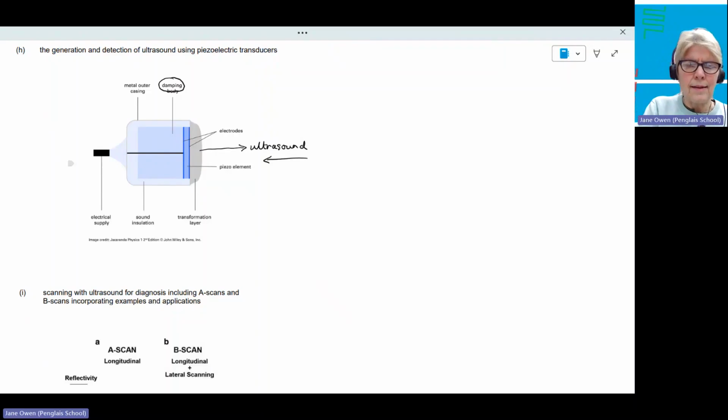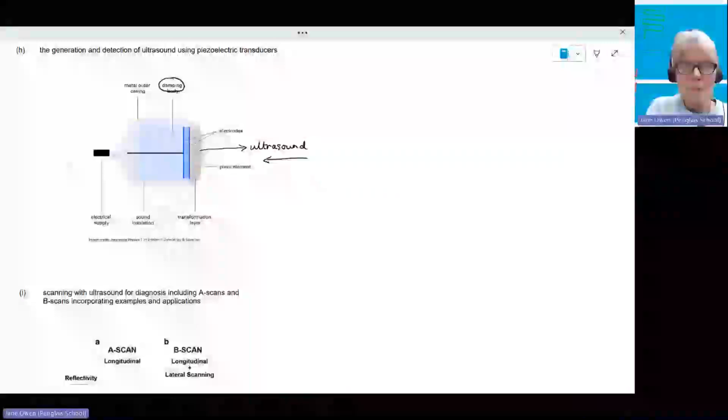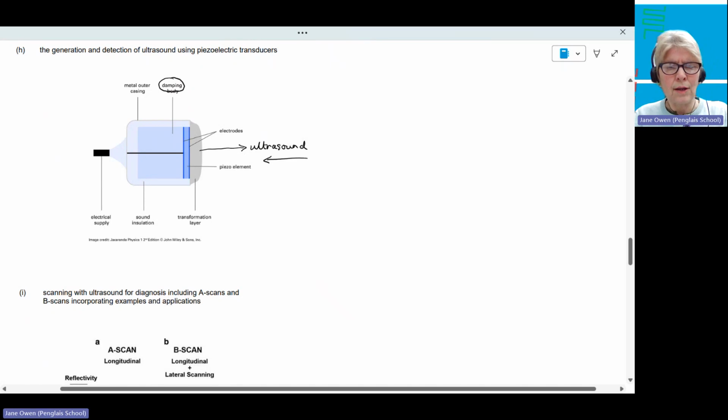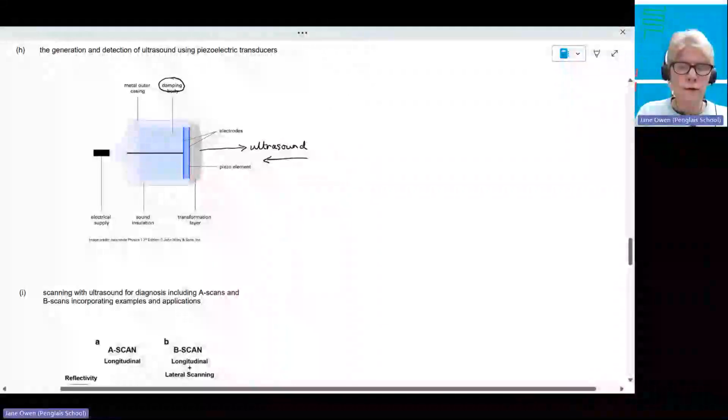And as it does this, the beauty of the piezoelectric crystal is that when it is pushed or deformed by the ultrasound coming onto it, it generates an AC. So not only is it acting as a transmitter of ultrasound, but it's also acting as a receiver of ultrasound.